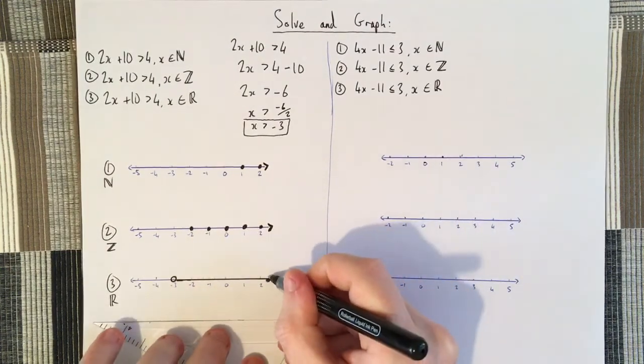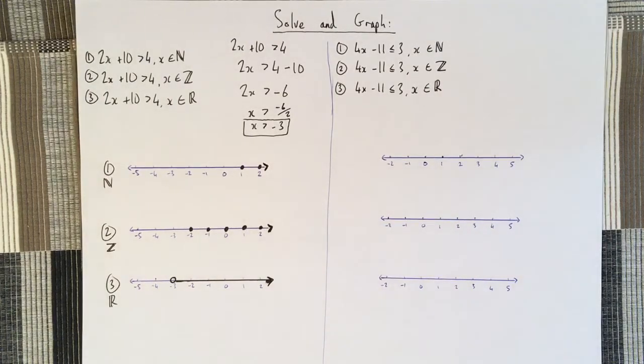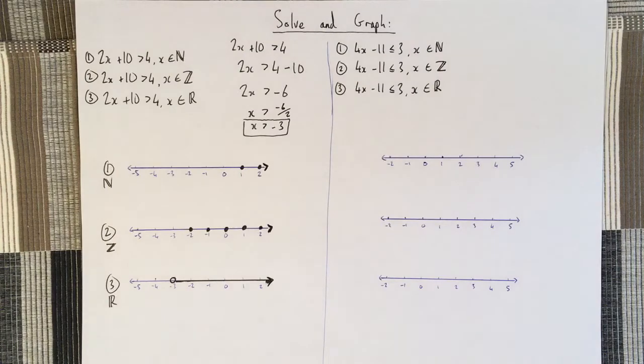And then again, put the arrow in because it is going to continue to plus infinity. All right, so the line is showing you that it's not just hitting the whole numbers, it's including all the decimals and fractions in between them. All right, so that's the same inequality graphed into 3 number sets. So you see you get quite different answers on the number lines.